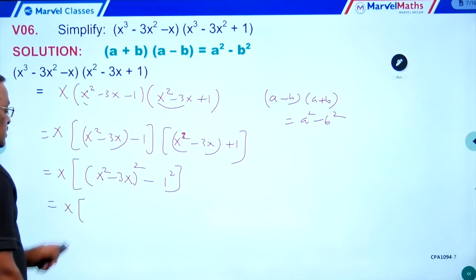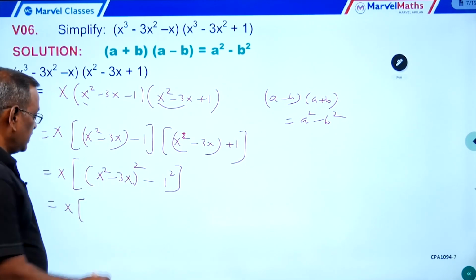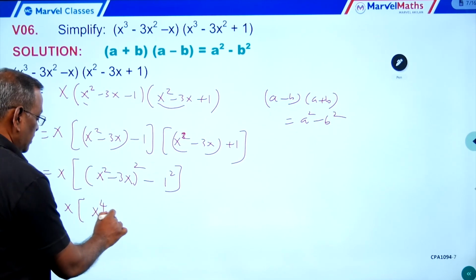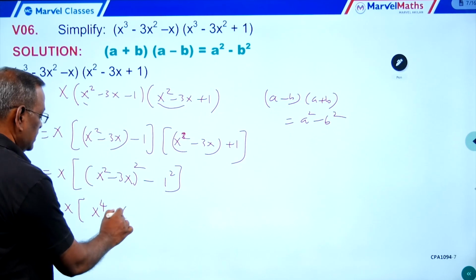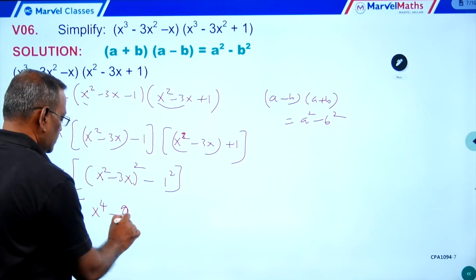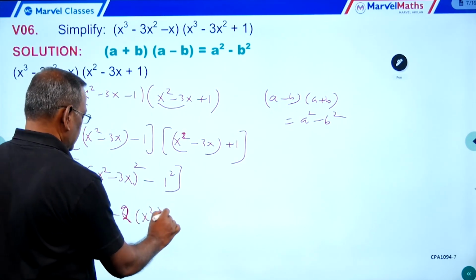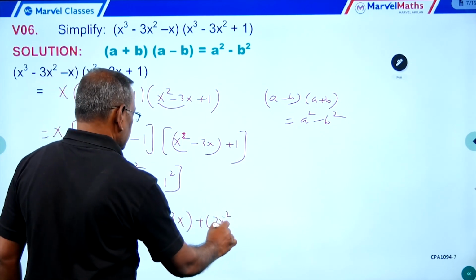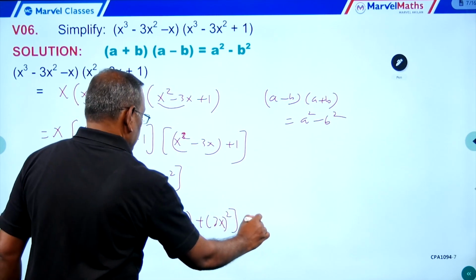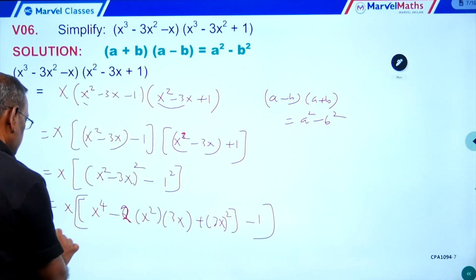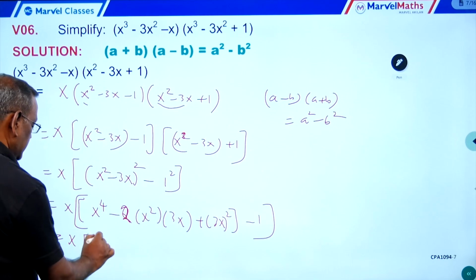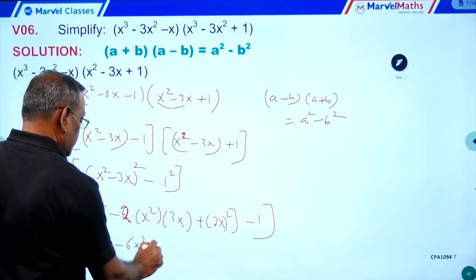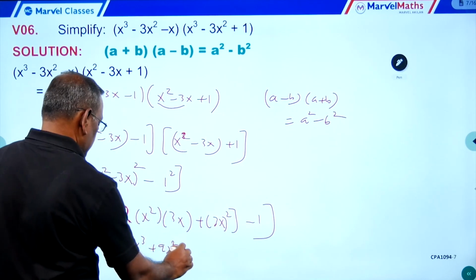x into x square minus 3x the whole square. If you expand this, x power 4, a square, minus 2ab, minus 2 into 3, 6, okay, 2 into x square into 3x, plus b square, 3x the whole square, minus 1, which is equal to x into x power 4 minus 6x cube plus 9x square minus 1.